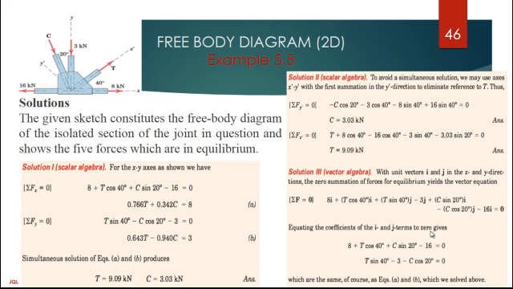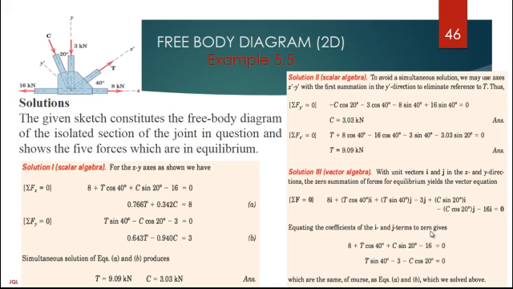If you use the x and y axis, summation of forces in the x equals 0 and summation of forces in the y equals 0. You are going to have equation A and equation B. Then you apply the simultaneous method, and you will find your T and C.